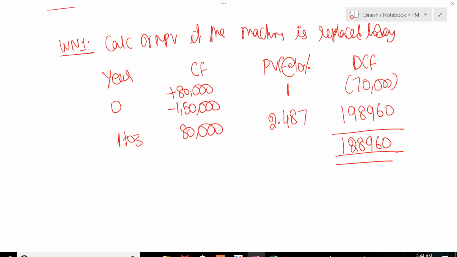Any doubts in this? 128,960. This looks to be a feasible option, but let's analyze the next option also, because I have to decide between these two which one to opt for.